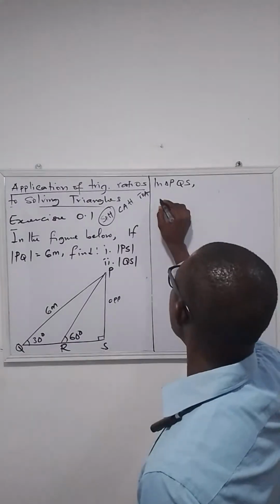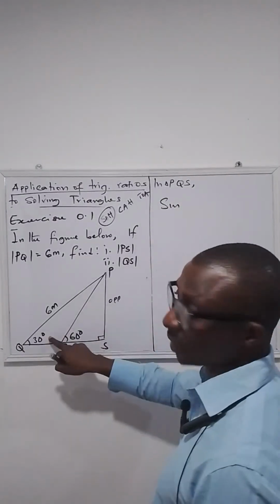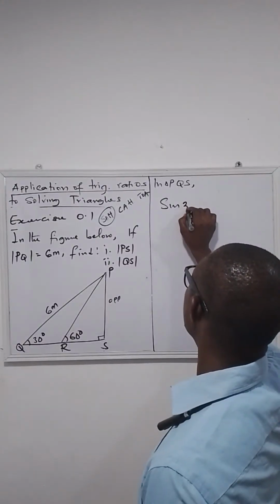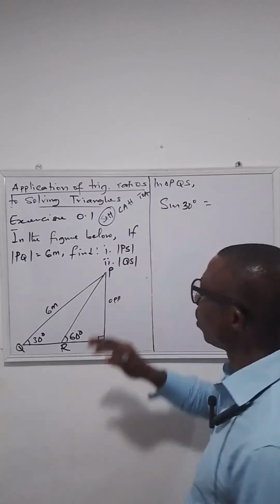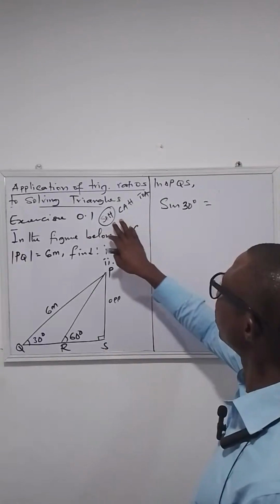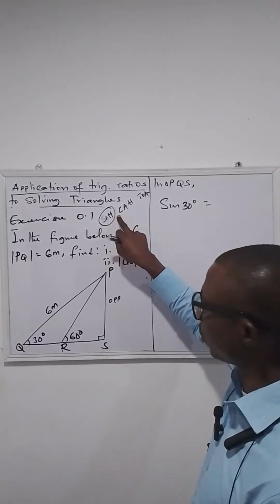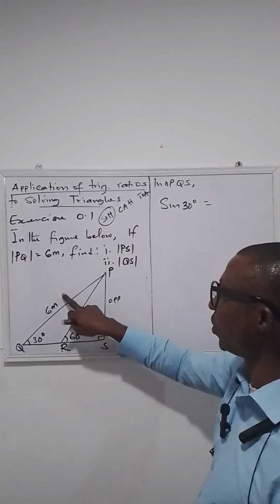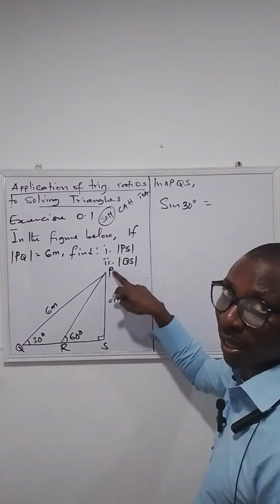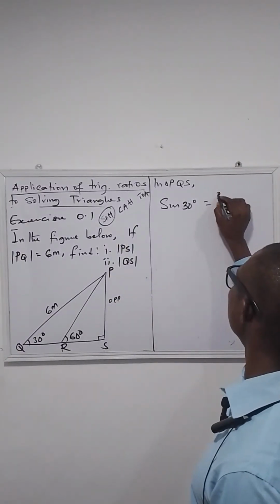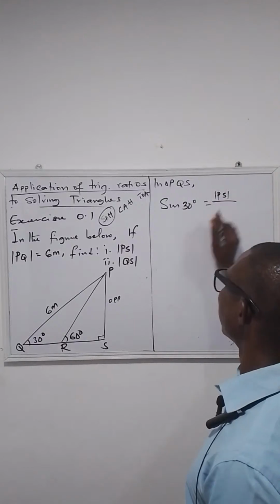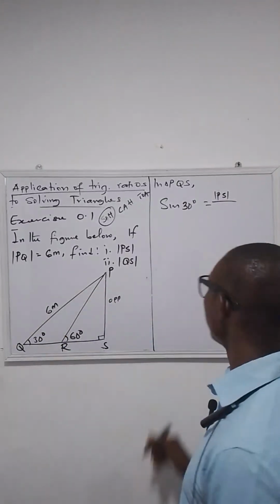Now we have sine 30 degrees equals opposite over hypotenuse. The opposite here is length PS, so PS over hypotenuse 6.